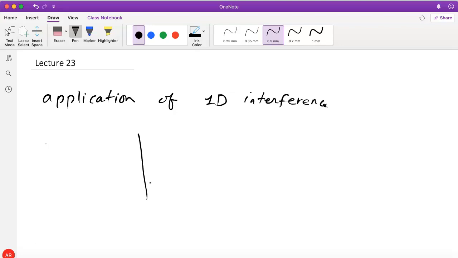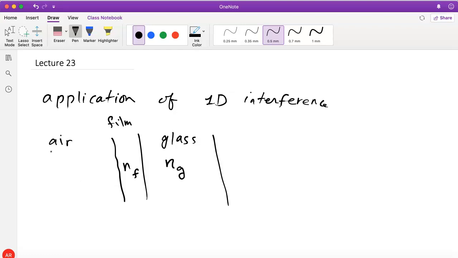Suppose we have a piece of glass here with index of refraction Ng, and there's a film of some other material with index NF. And here we have air or vacuum, where n is almost 1.